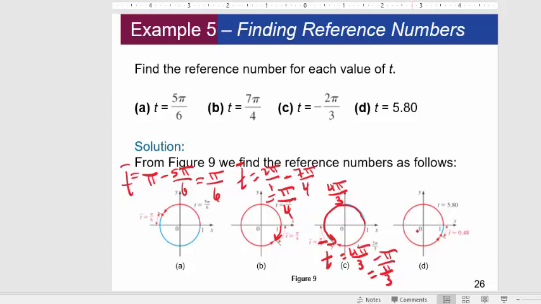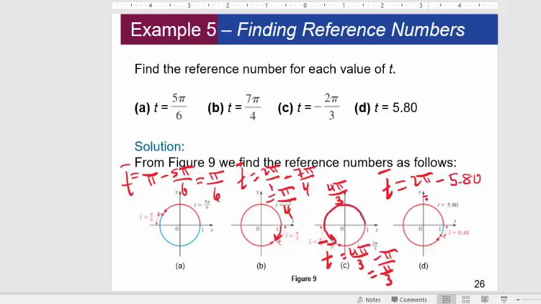And then in the last case, we don't have an angle in terms of pi, right? We don't have a number in terms of pi. T is 5.80. So realize that that's in the fourth quadrant, all right? So when we're in the fourth quadrant, remember our rule was that T bar was just going to be 2 pi minus the angle.